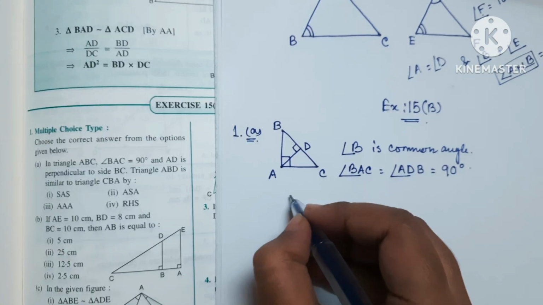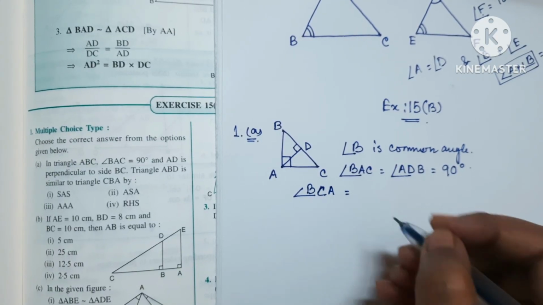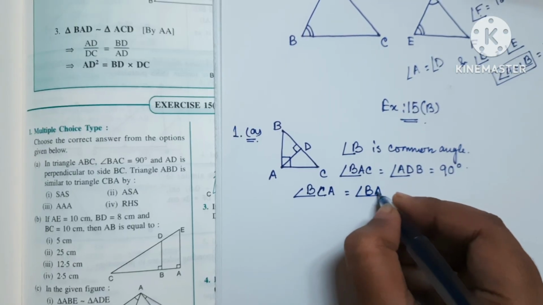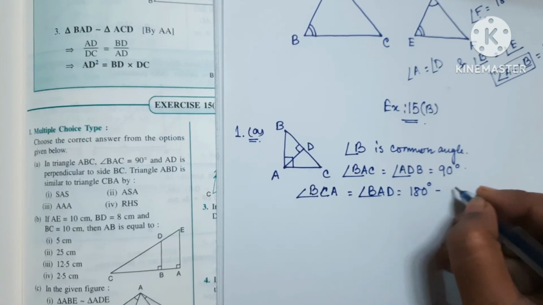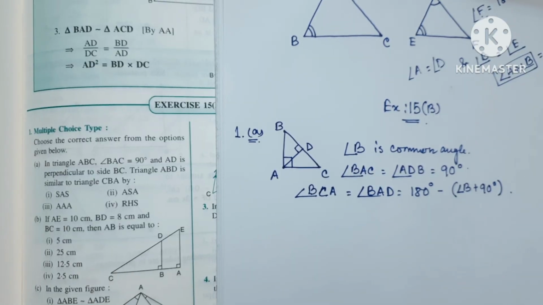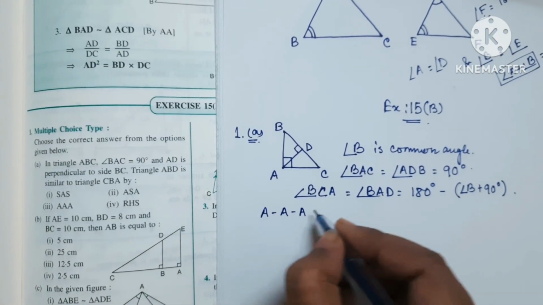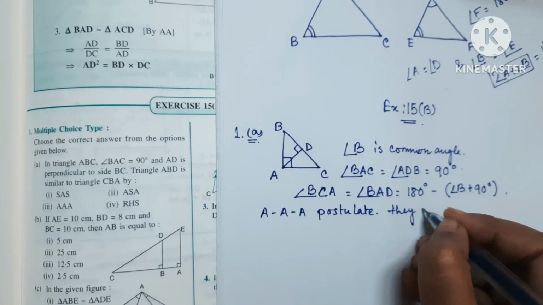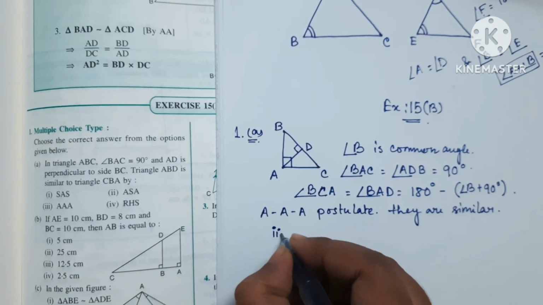So the remaining angle, that is angle BCA, is equal to angle BAD is equal to 180 minus (angle B plus 90 degree). So these 2 are also equal. So according to AAA postulates, they are similar. So option 3 is the correct answer.